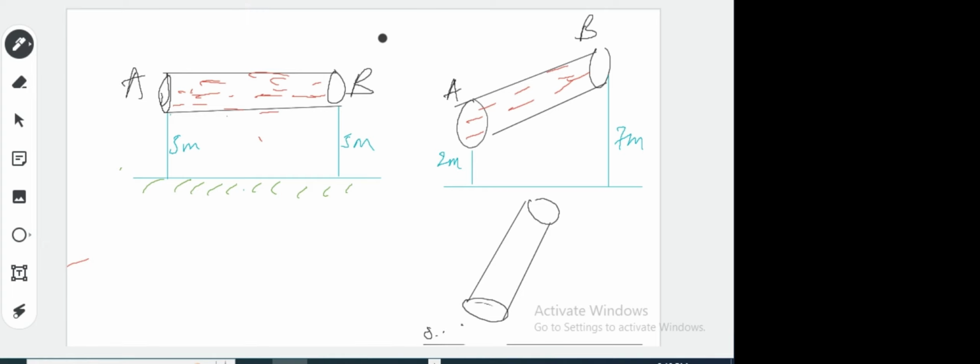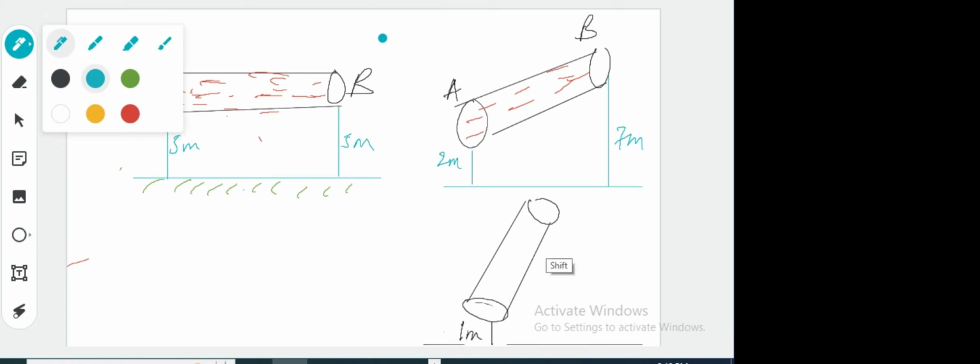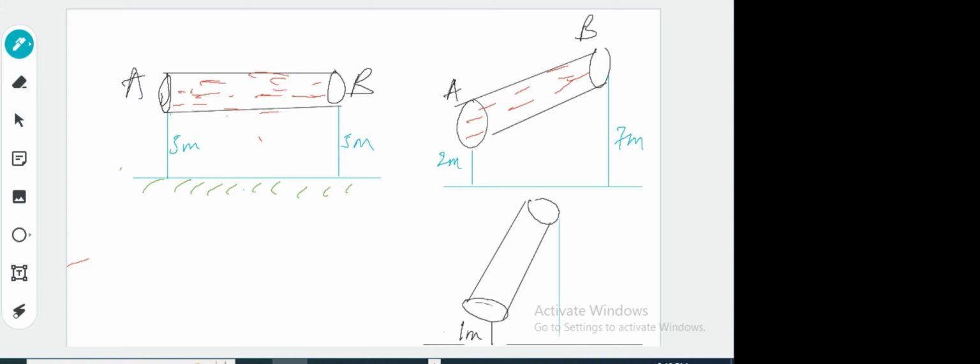I have this, assuming this is just 1 meter from the ground, and this one has now changed to 8 meters from the ground. This is 1 meter from the ground. This is the ground level.